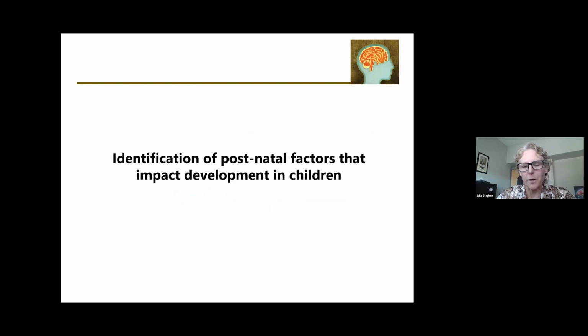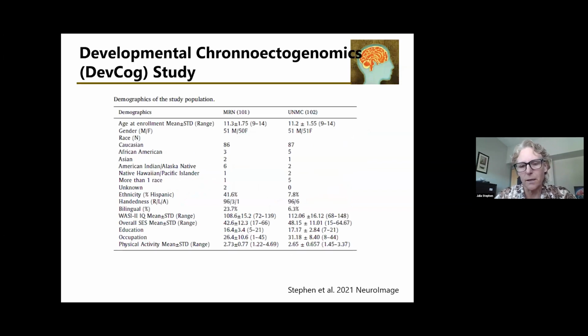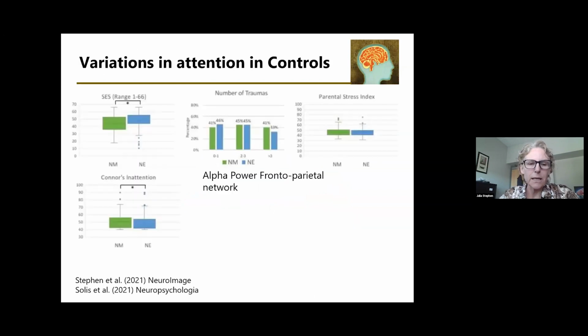So there are just some other postnatal variables that we've been looking at. This was the developmental connectogenomics study. This is a multi-site study measuring MEG in 200 kids. These are just some of the demographic variables across the two sites, New Mexico and Nebraska.